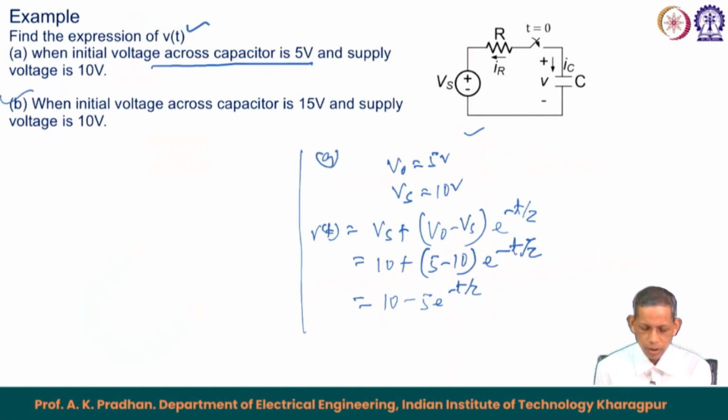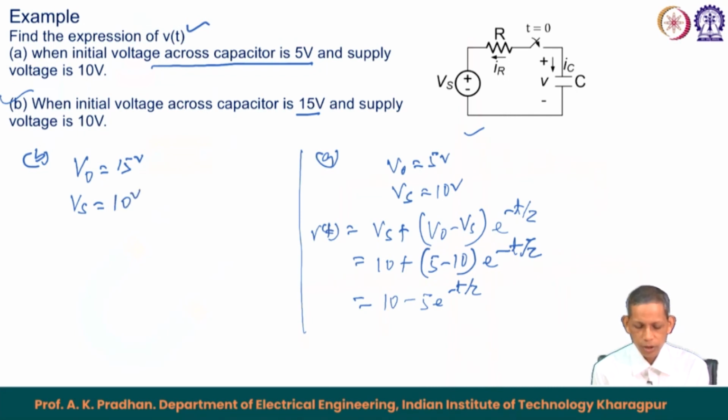What part B says is that the initial voltage of the capacitor is 15 volt, V naught equals 15 volt, and the source voltage is 10 volt.